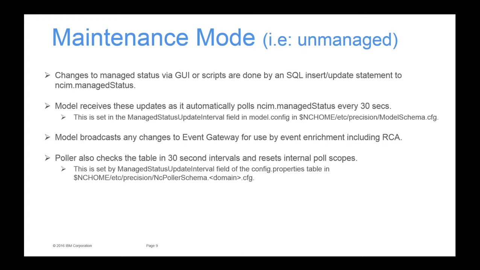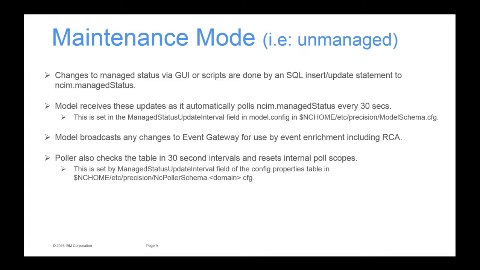Continuing on with maintenance mode. Any changes to the managed status via the GUI or the scripts is done by an SQL insert update statement to the managed status table in NSIM. Model will then receive these updates as it automatically polls the managed status table every 30 seconds.